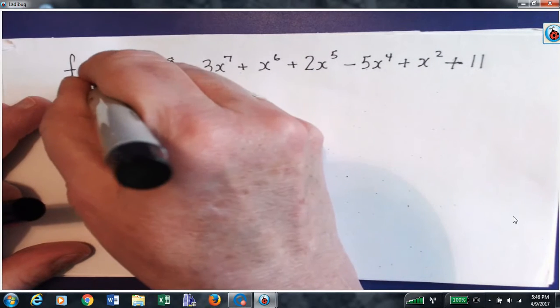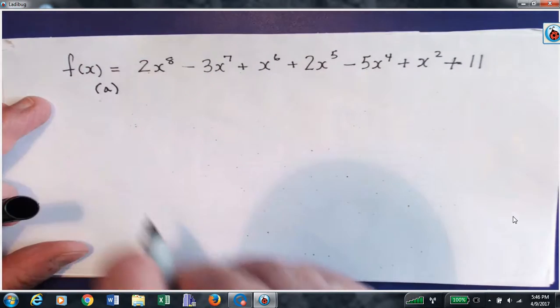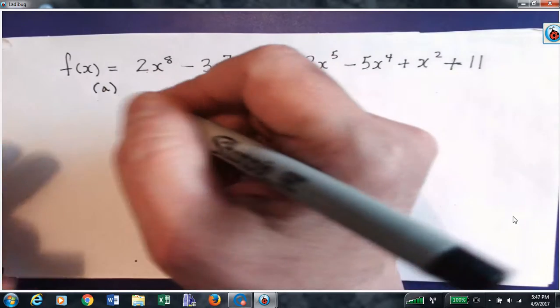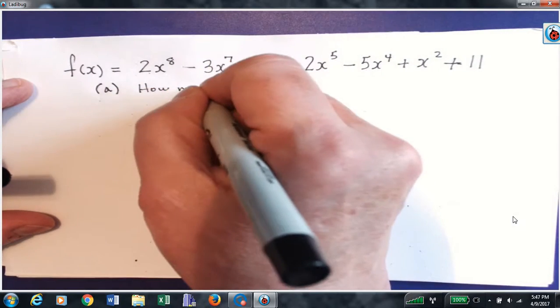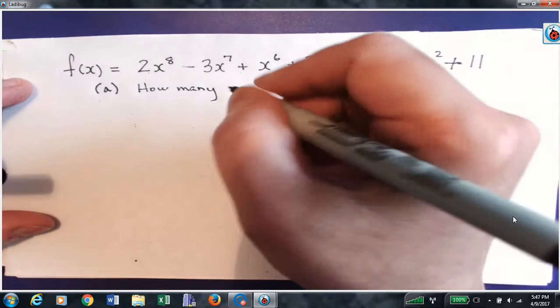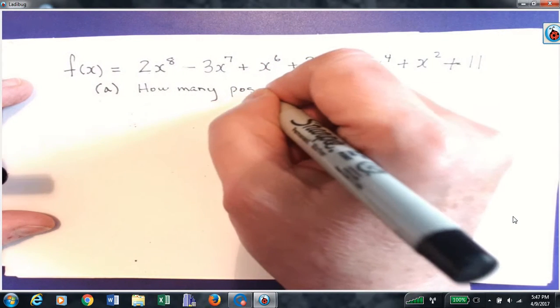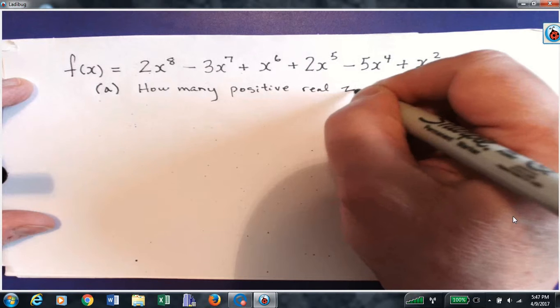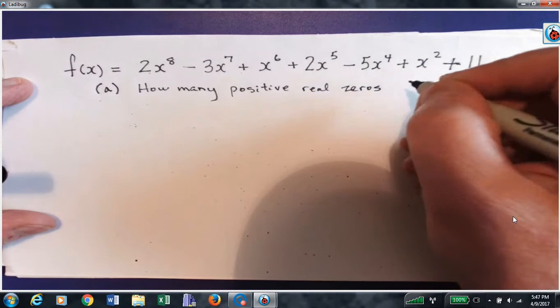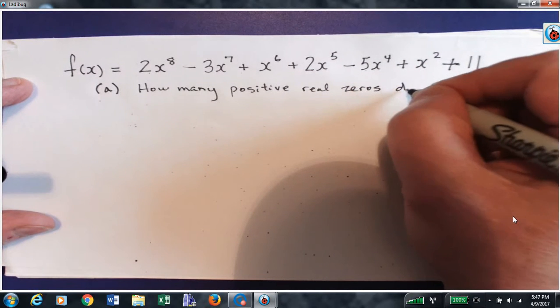So part A would be how many positive real zeros does f have?